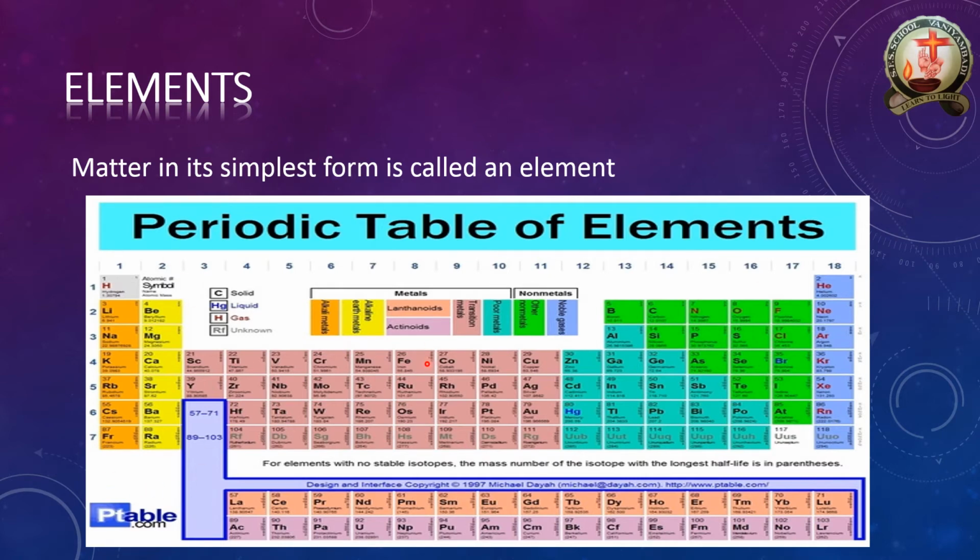In our chemistry, the periodic table is very important. The periodic table is very helpful to find out the atoms, matters or elements. The periodic table is categorized by the different types of elements and different types of properties. It is classified into three major categories: one is metal, another is non-metal, another is metalloid.